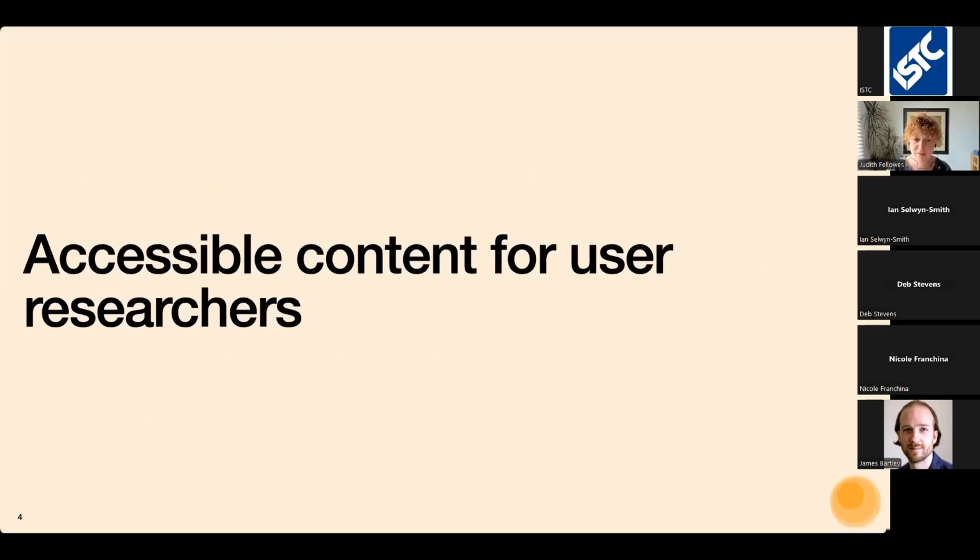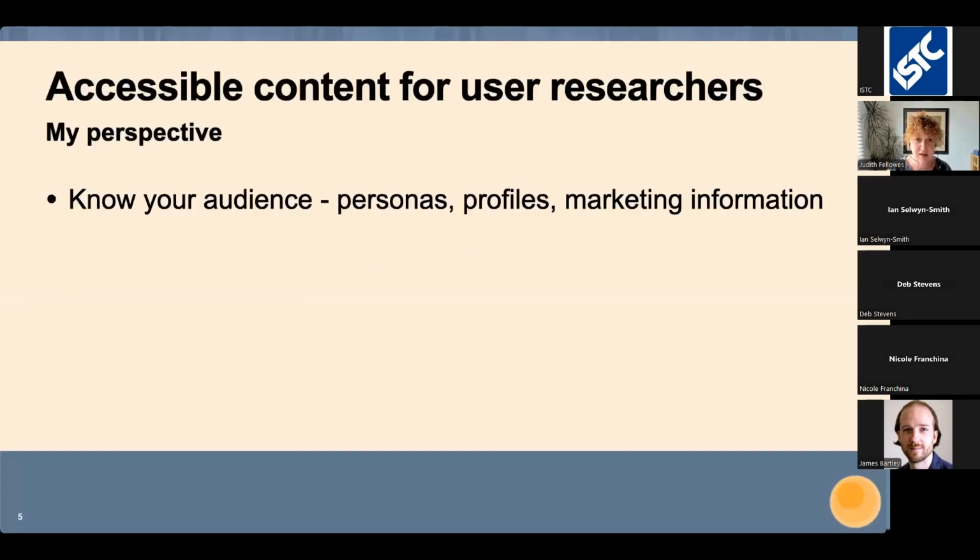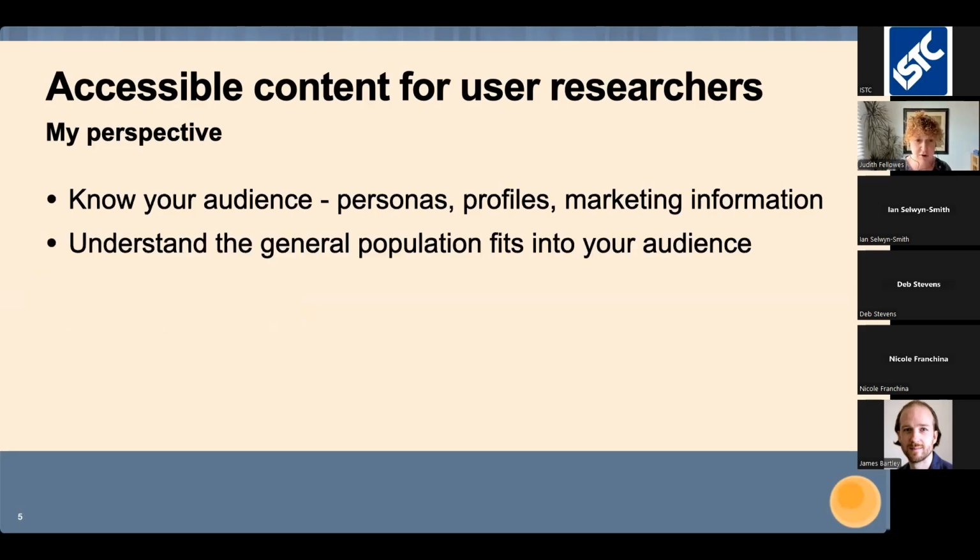So what does accessible content look like for user researchers? Well, I'll give you my perspective. The first thing is about understanding your audience. For me, that's normally something like personas, profiles, or you can use marketing information. If you don't know who your audience is, it's very, very difficult to be able to design an inclusive approach.